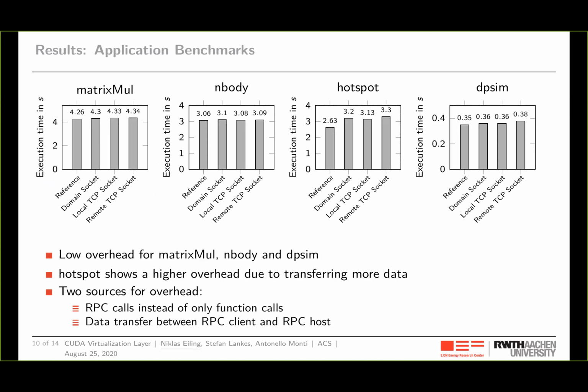The first 2, matrixMul and nbody, are from the official CUDA SDK samples. The first one just performs matrix multiplications. The second one is a physics simulation. The third one, hotspot, is from the Rodinia benchmark suite and performs a thermal simulation. And the fourth one, dpsim, is an electrical system simulator.